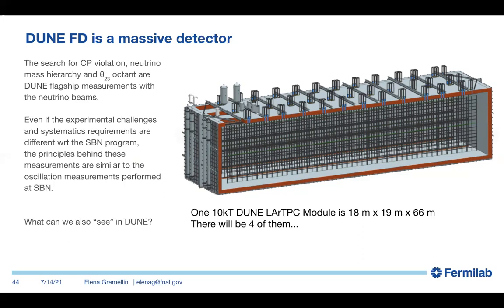But in terms of things to think about when you're building in your mind an understanding of oscillation experiments, philosophically speaking, it's fairly similar. You just have a very, very long baseline.